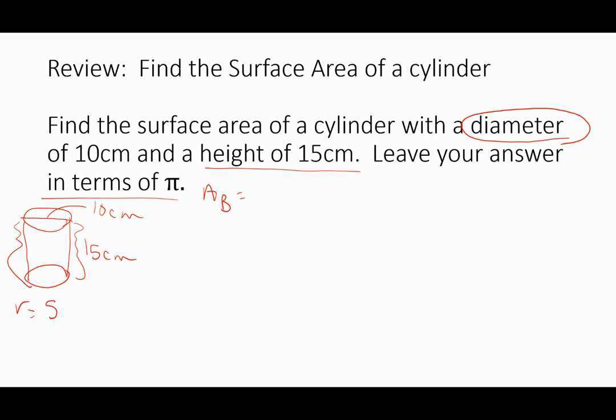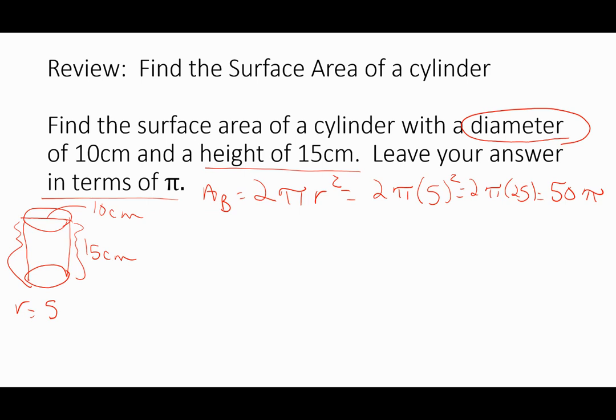Now the top and bottom are the same, so we can multiply them by 2. So 2 times the area of the base, pi r squared. We know that 2 times pi, and then r is 5 because that's our radius, squared. So we have 2 pi times 25, which gives us 50 pi.